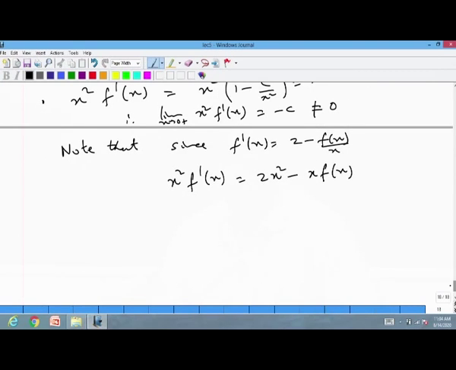Now, here you can make a mistake and think that as x approaches 0, this 2 x square approaches 0 and then we have x times f of x. So, of course, x approaches 0 and then you might think that x times f x also approaches 0.